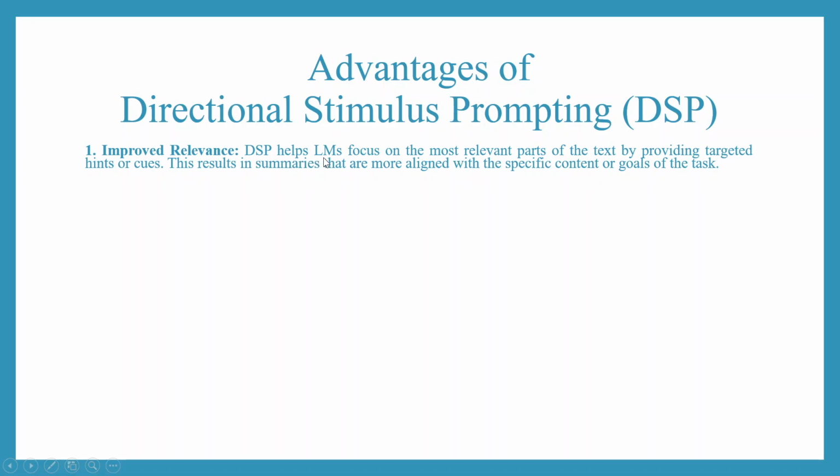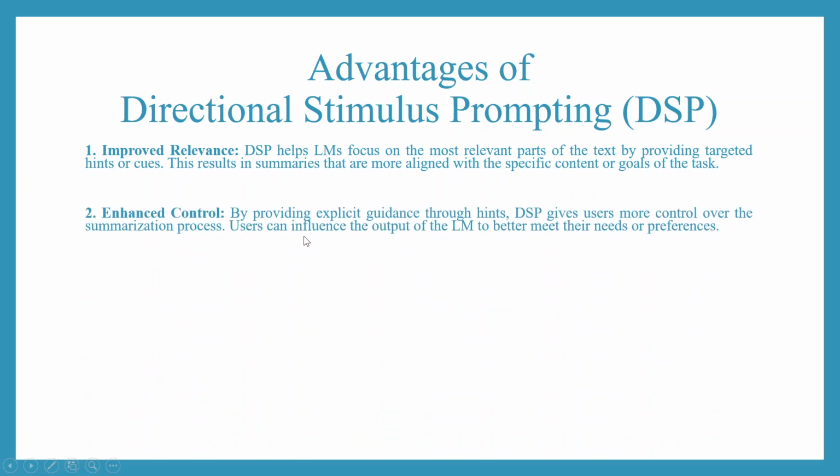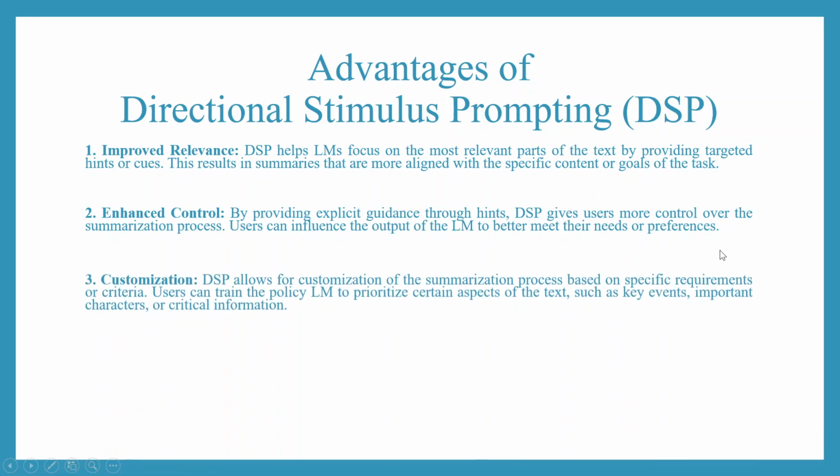Advantages. DSP helps language models focus on the most relevant parts of the text by providing targeted hints or cues. This results in summaries that are more aligned with the specific content or goals of the task. By providing explicit guidance through hints, DSP gives users more control over the summarization process. Users can influence the output of the language model to better meet their needs or preferences.